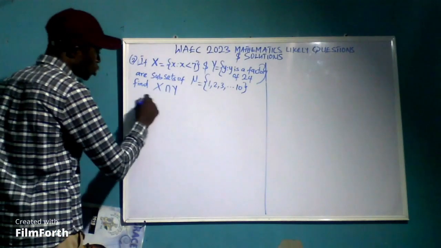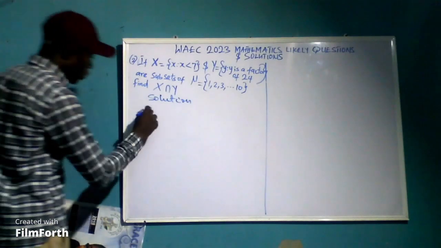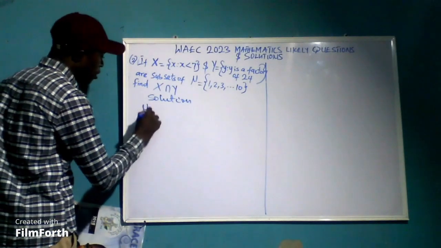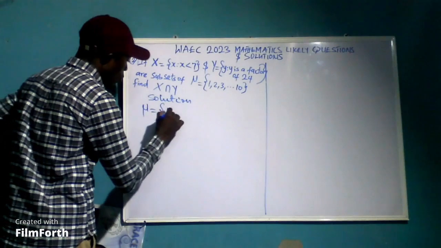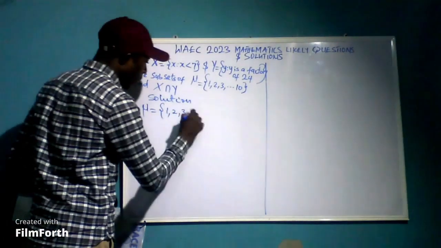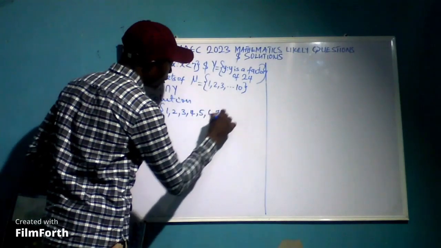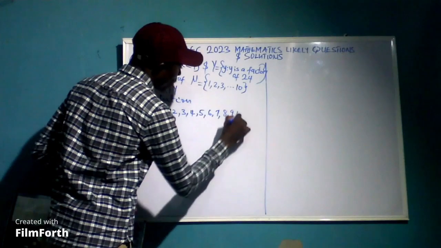Now, solution. Don't forget, the universal set mu is given as 1, 2, 3, and if you want to state it all, we have 1, 2, 3, 4, 5, 6, 7, 8, 9, then 10.